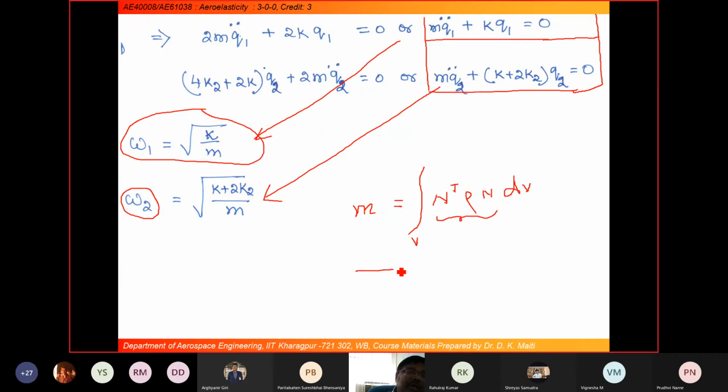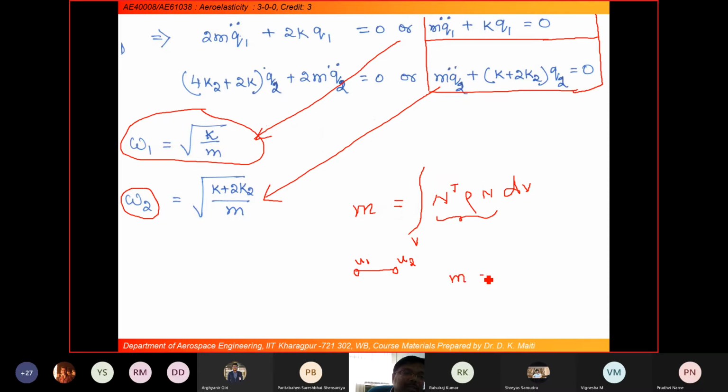If you go back to the two noded bar element, let's say these are u1 and u2, then we can get the mass matrix.